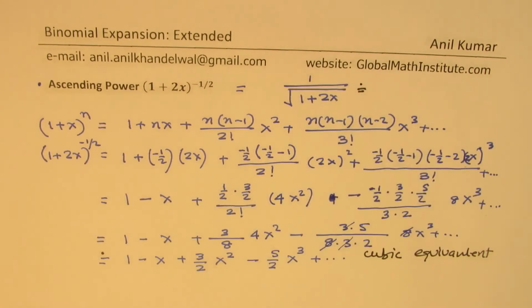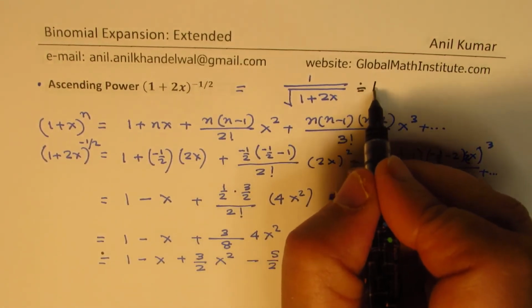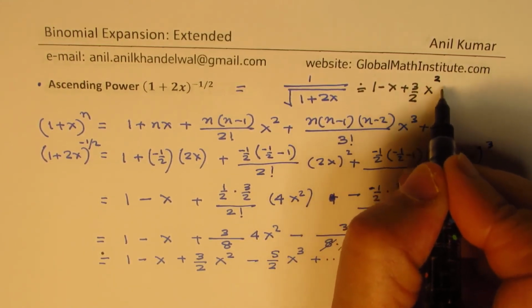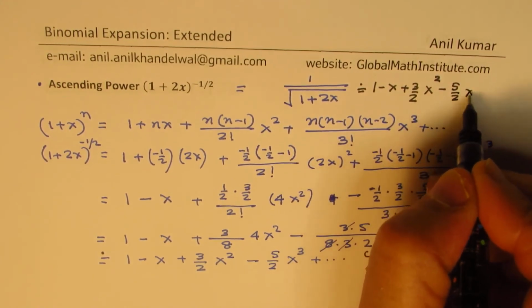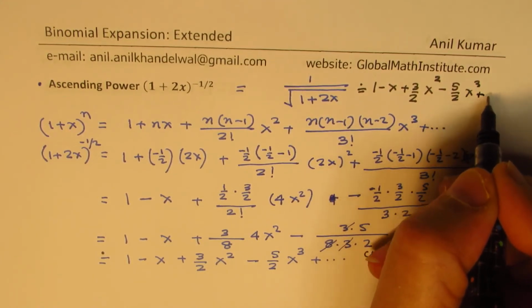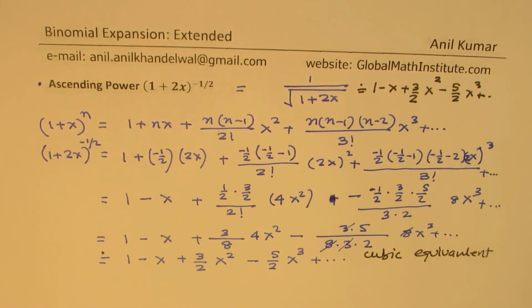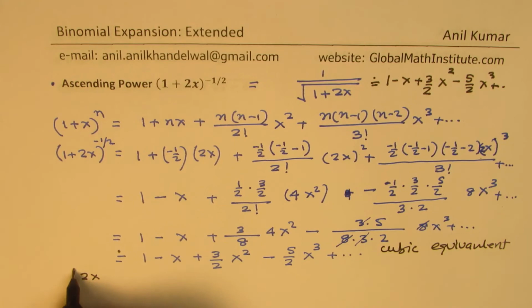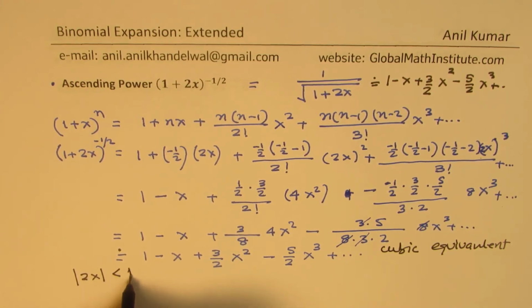So this expression is now equal to 1 minus x plus 3 by 2 x squared minus 5 by 2 x cubed, right? So plus so on, but these are your significant terms which could help you to evaluate the value of 1 plus 2x to the power of minus half without a calculator. Do you see that part? Now, in this expansion, you should note that the absolute value of 2x should be less than 1, correct?